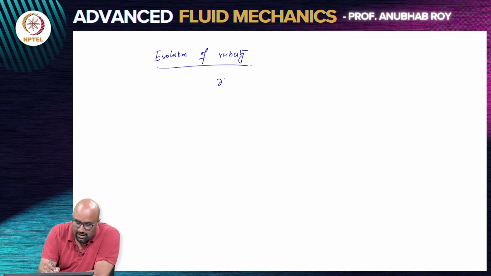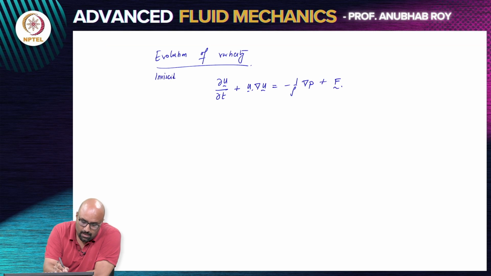So, we have our momentum equations: dou u dou t plus u dot del u equals minus 1 by rho grad p plus some body force. I am ignoring viscous effects.